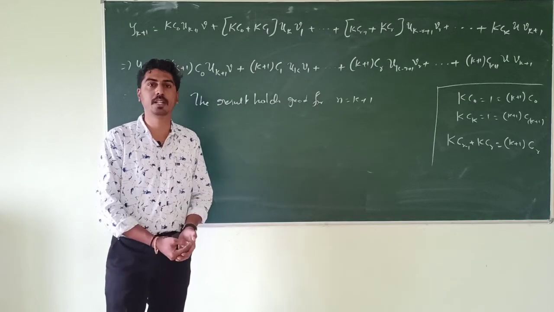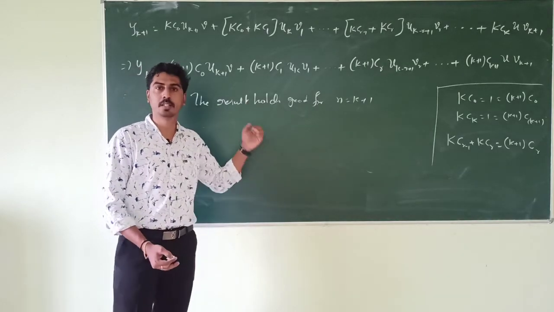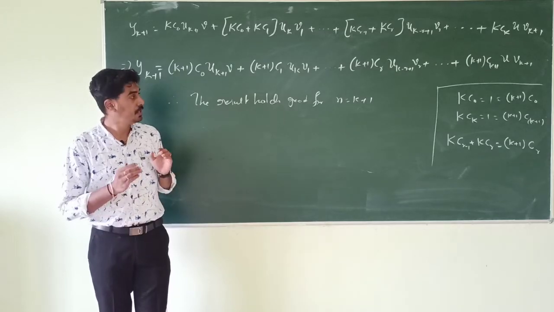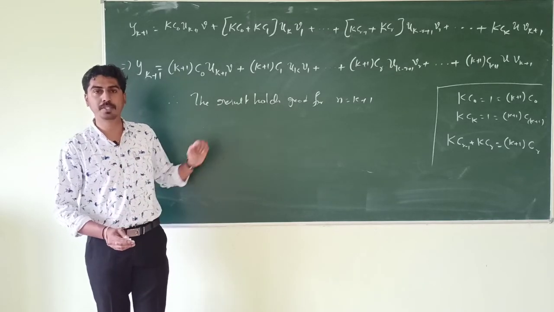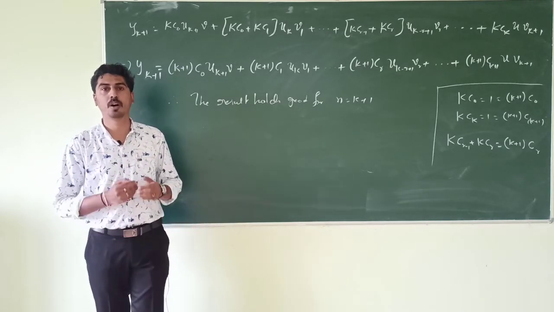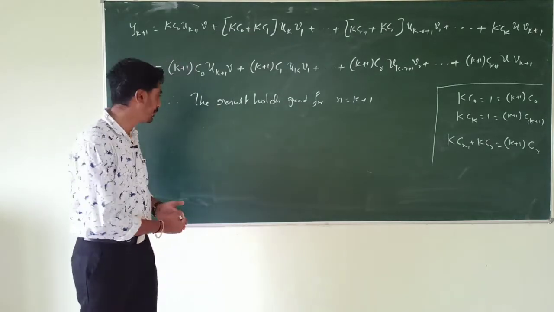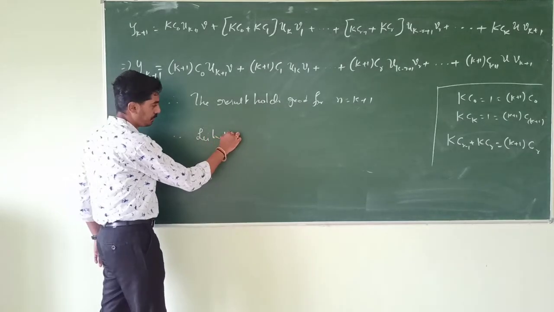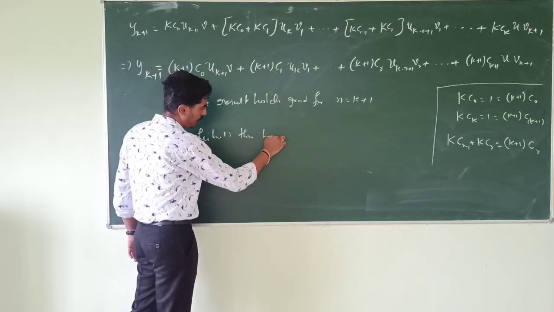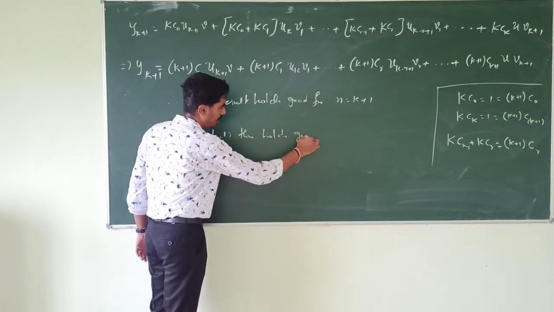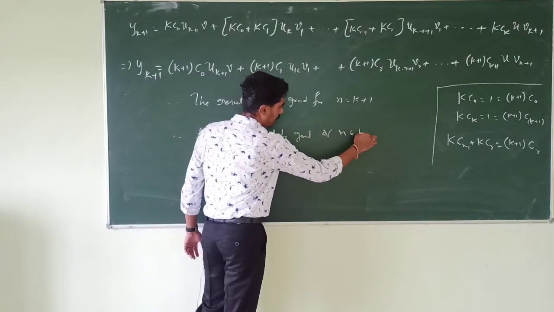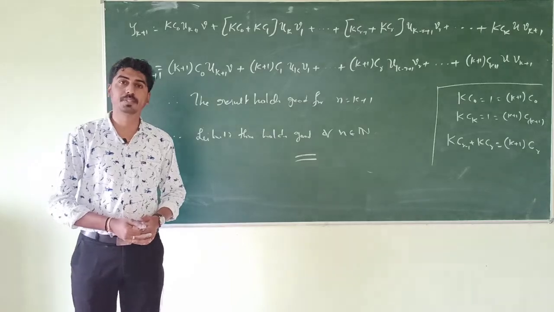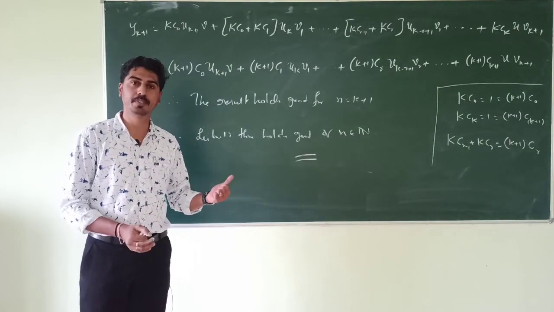Using that relation, we proved that the result holds good for n equal to k plus 1. Therefore, the Leibniz theorem holds good for all natural numbers, that is, for all n belongs to N. This completes the proof of Leibniz theorem.